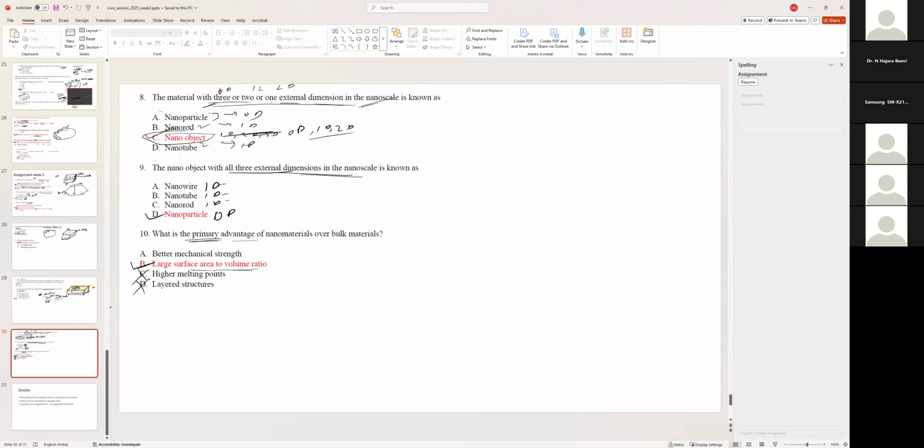Better mechanical strength, again, it's not necessary. Some composites, 3D nanomaterials embedded with fibers or something else, or 0D nanoparticles, you can have better strength, but again this is not necessary. The primary reason is the large surface area to volume ratio.